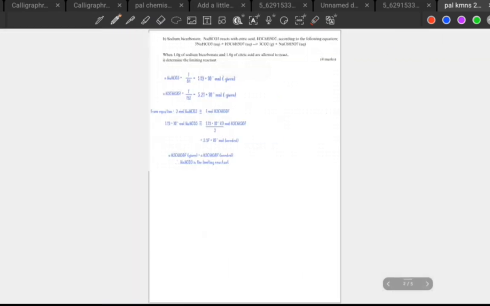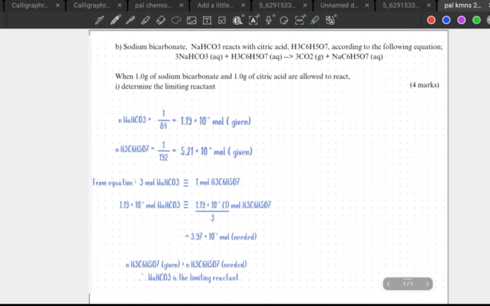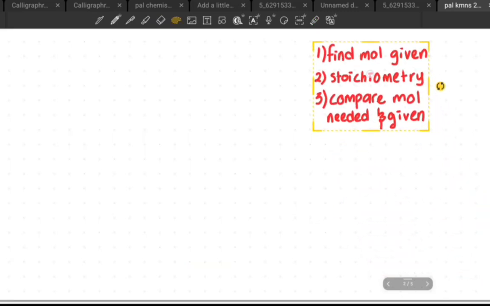Next question. Question B. Sodium bicarbonate reacts with citric acid. Given 1 gram of sodium bicarbonate and 1 gram of citric acid, determine the limiting reactant. There are 3 simple steps to determine the limiting reactant.